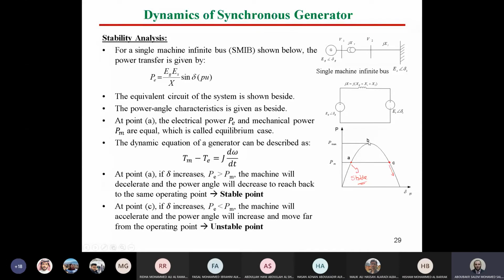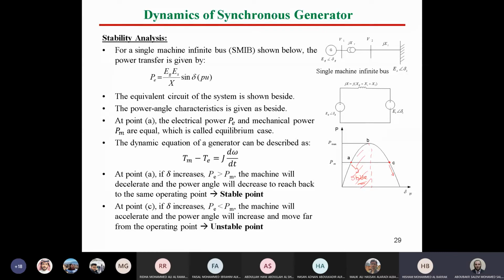So all of this is considered a stable region. So we can now say that this is the stable region for the synchronous machine. Any question, Shabab?